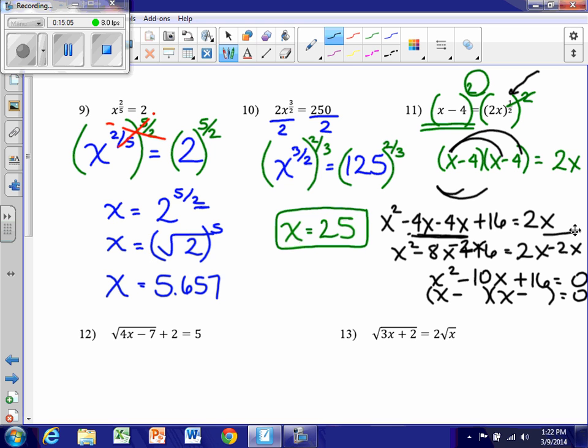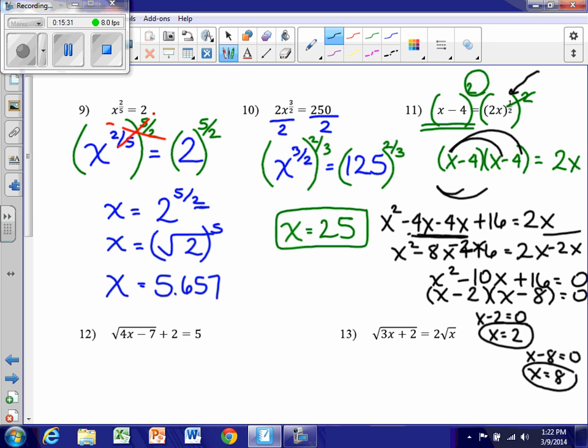And what multiplies to be 16 and adds to be 10? That's 2 and 8. And remember, when you're solving problems like this, you have to set each piece equal to 0 and solve each piece separately. So I'm kind of running out of room here, and I get 2 answers.